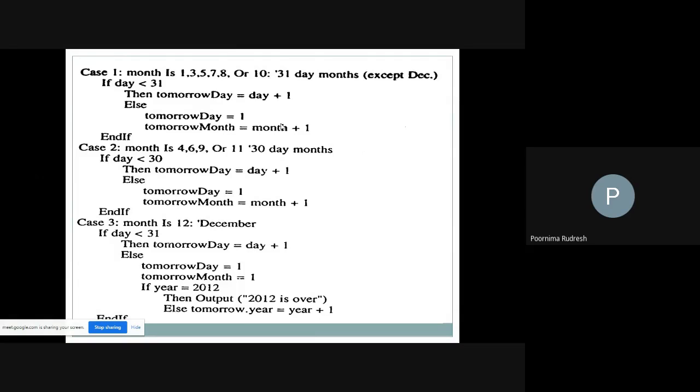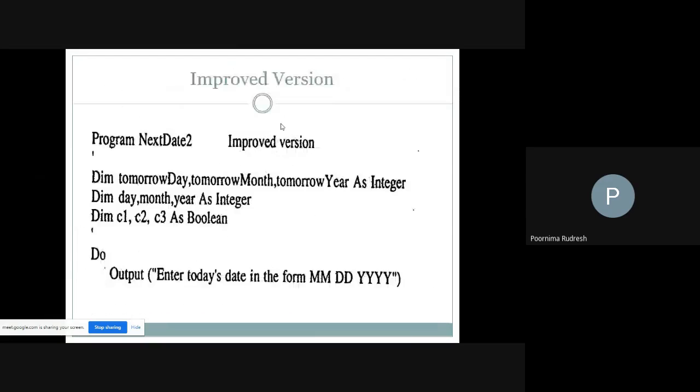We simply wrote the program by considering today's day, month and year, and displaying tomorrow's date. But here we are considering three conditions. What are the three conditions? For C1, the month should be between 1 and 12. Similarly, the day between 1 and 31, and the year between 1812 to 2012.